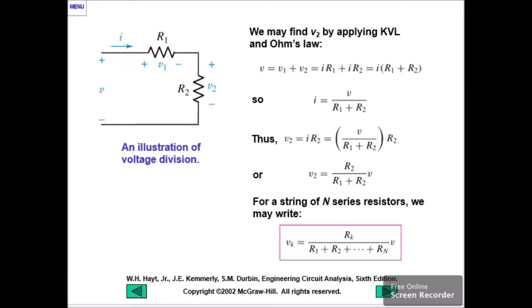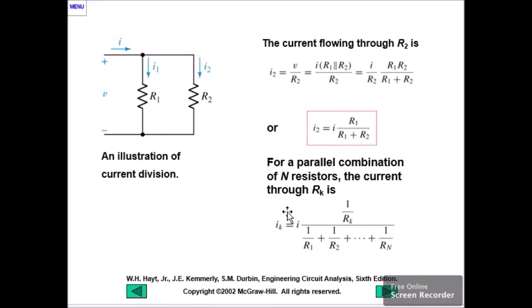Ito sa current division, yung current na supply, i-multiply mo sa resistance nung isa, divided by the sum of the two. Right? Current division, maarte. Yung resistance na kukunin mo, yung i-multiply mo yung sa kabila. Sa ganito. Yung pinanggalingan ng formula na to, ito po yan sa taas. Okay? And again, this is only applicable kapag dalawa lang. Kapag more than one, ganito na po magiging itsura niya. Okay?